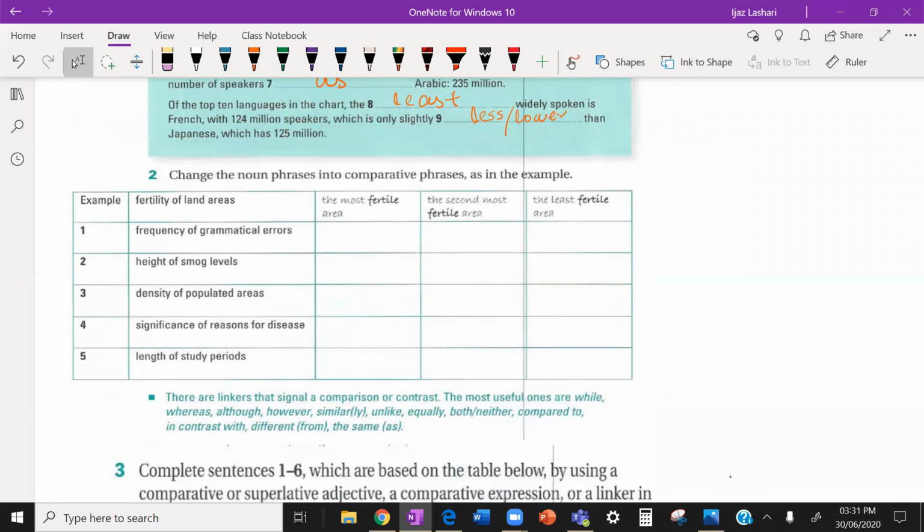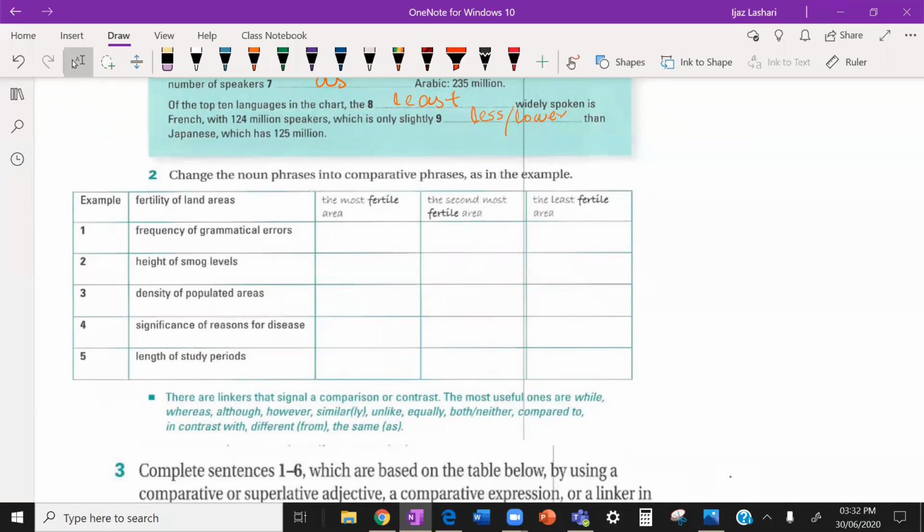Fertile means the land is good enough to produce something, the opposite of barren land, meaning land which is not fertile. Now, when you make comparisons with superlatives, you say the most fertile area. When you compare, you can say the second most fertile area, or the least fertile area.